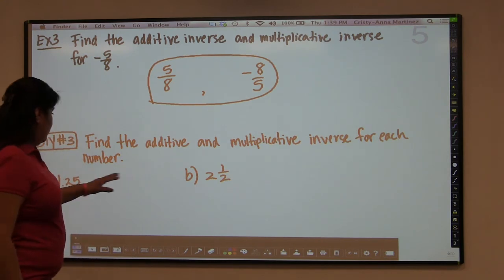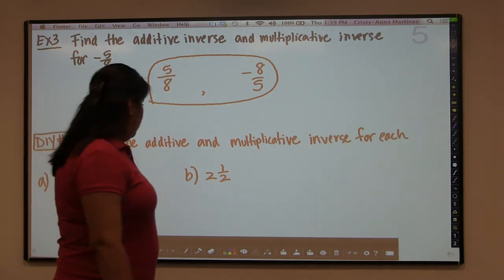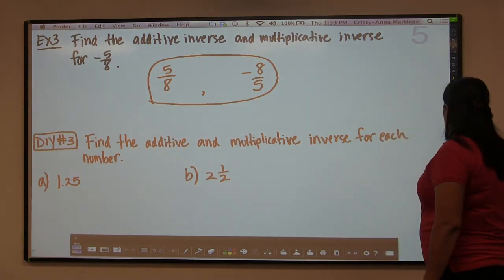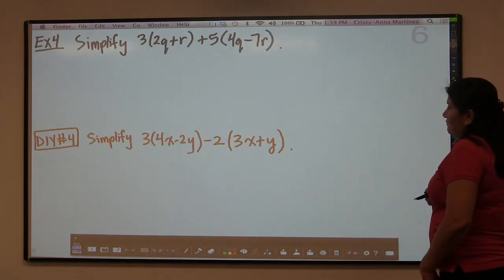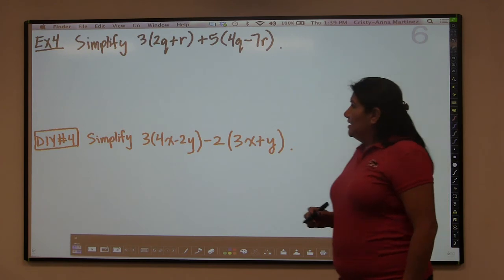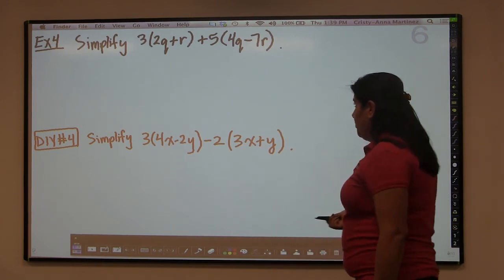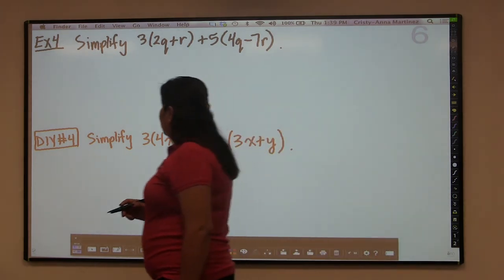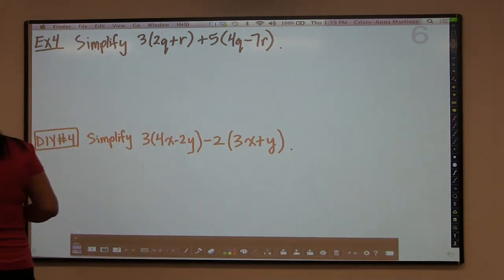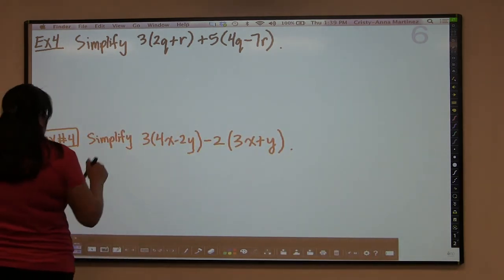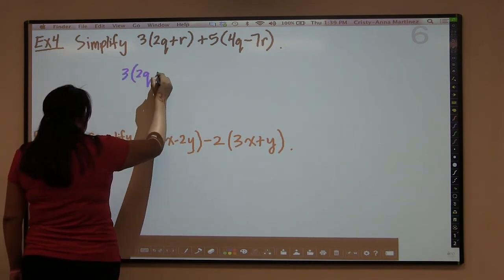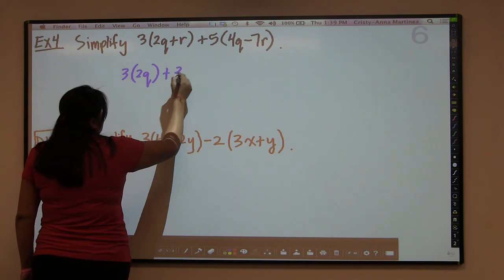And then you have a couple of problems to do there for the do-it-yourself number 3. And then we have our last example of today's lesson. And it is to simplify, using the distributive property, we're going to simplify this little guy. So, the distributive property says that we can take and go 3 times 2q plus 3 times r.